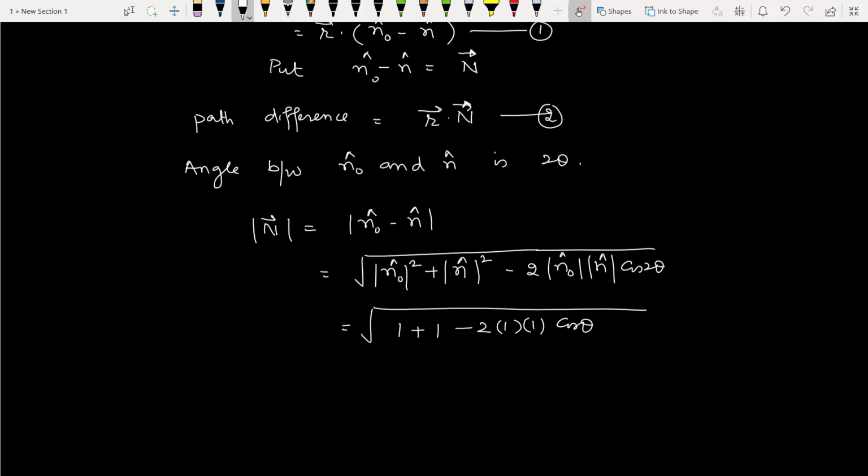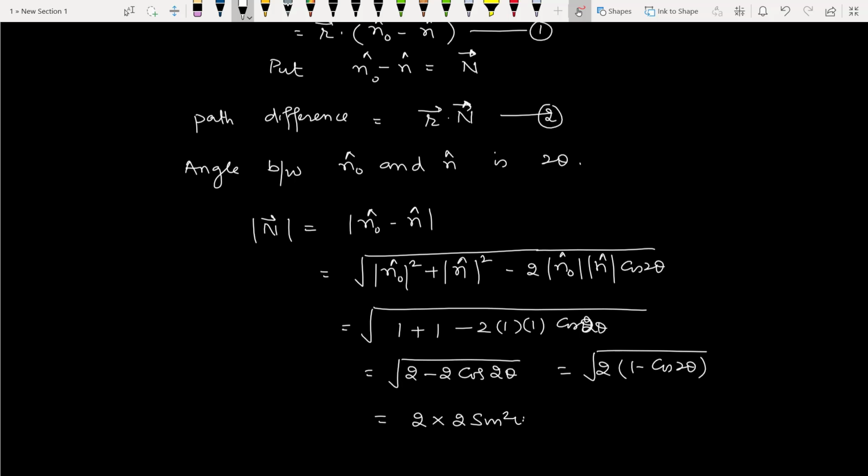So it will be 2 minus 2 cos 2 theta, where 2 theta is the angle. So it will be 2 times 1 minus cos 2 theta. A very simple trigonometric relation: 1 minus cos 2 theta is 2 sin square theta. So it will be 2 sin theta. We mark this as equation number 3.